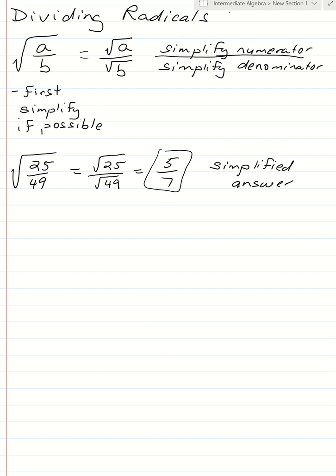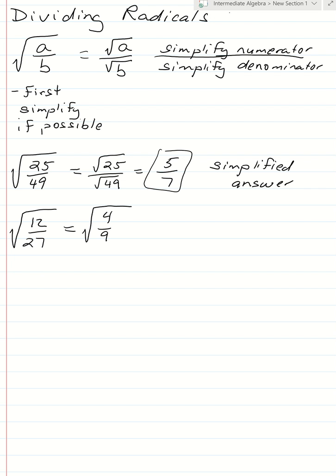Let's try another one. Similar, if we were to take the square root of the fraction 12/27. Well, now here we can simplify this fraction. If I look at the fraction 12/27, I recognize that both numerator and denominator are divisible by 3, in which case now we would have the equivalent simplified fraction of 4/9.